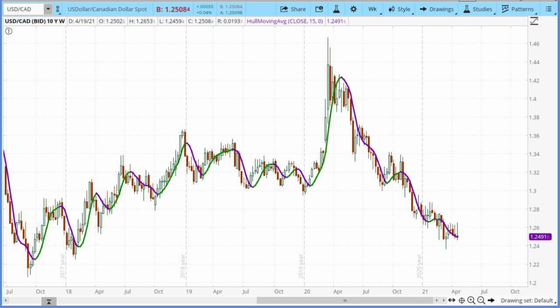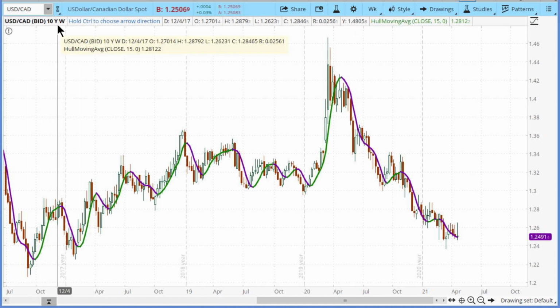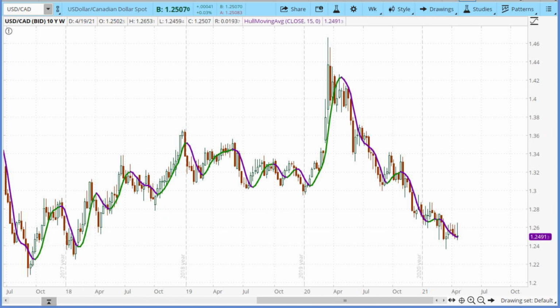So this is the US Canadian dollar, and I'm looking at a 10-week chart, but we're only going to look at about 4 years of the 10 weeks instead of 10 years to do this analysis. Generally, we like to go back a minimum of 3 cycles, and it's really great when it works out for longer.